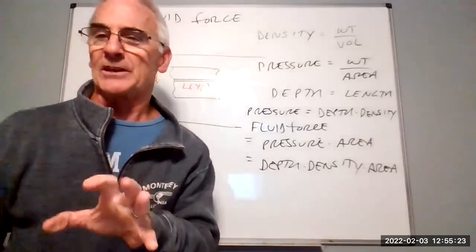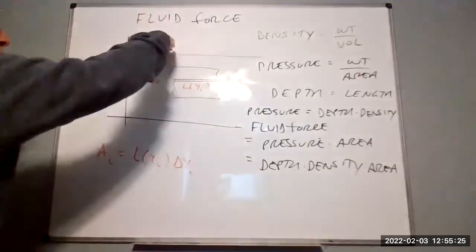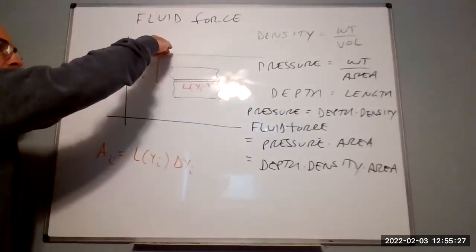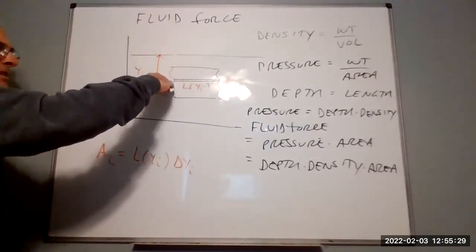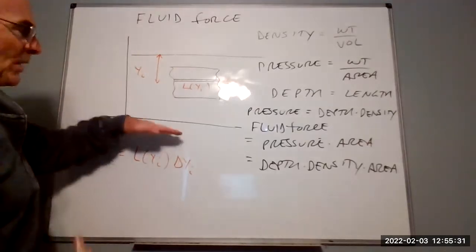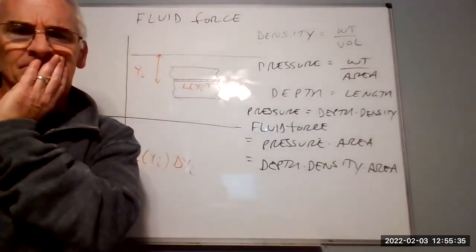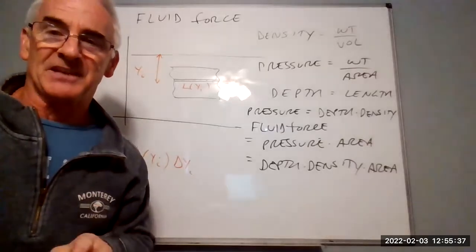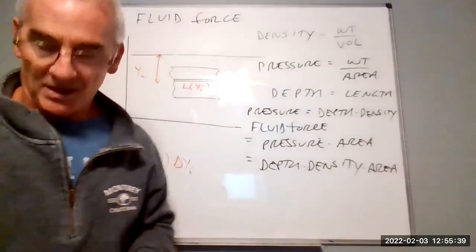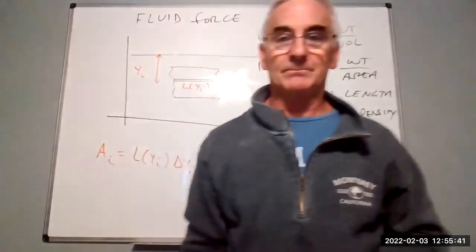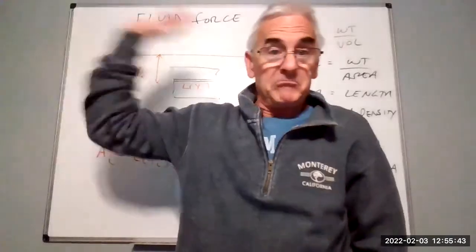Now, depth is a tricky one. If this is the surface of the water, are these negative numbers? Or do I start with 0 and say these are positive numbers? Now I'm going to give you a simple example so you guys can tell me the answer. You're going to go out swimming in the ocean. Maybe you're out in a boat. You go out a little ways.